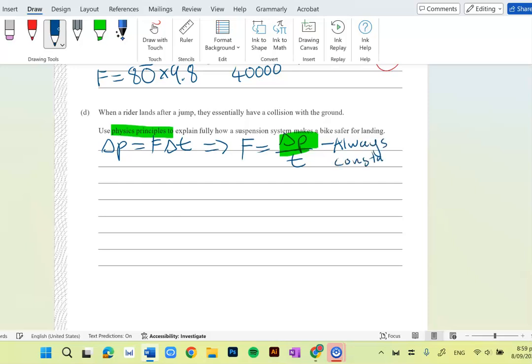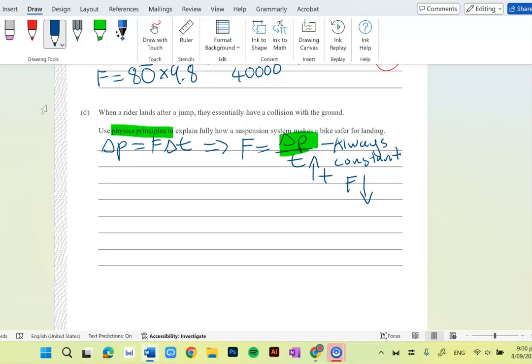Which means if we increase our time, if we increase T, our force decreases. And if the force decreases, there's going to be less force on impact, and therefore when he lands, it will be safer.